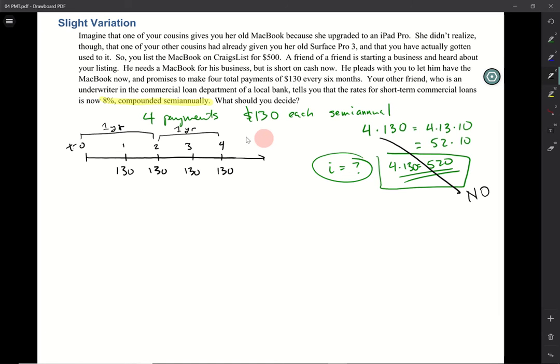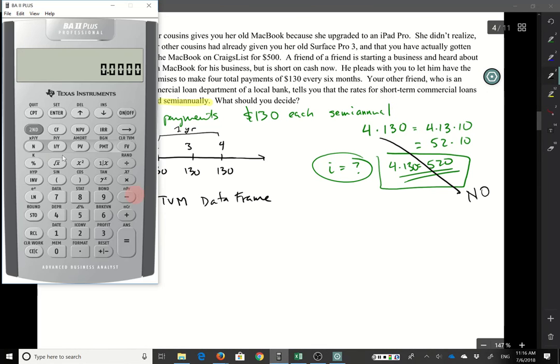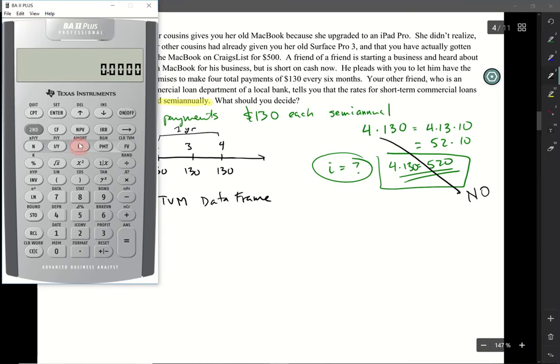After you visualize what's going on with the cash flow diagram, to actually get the calculation right, I think it's a good idea to fill in that TVM data frame. So it starts out with what? Compounding. I sort of think of it along the lines of the calculator. After you get the compounding, it's N, I, PV, PMT, FV.